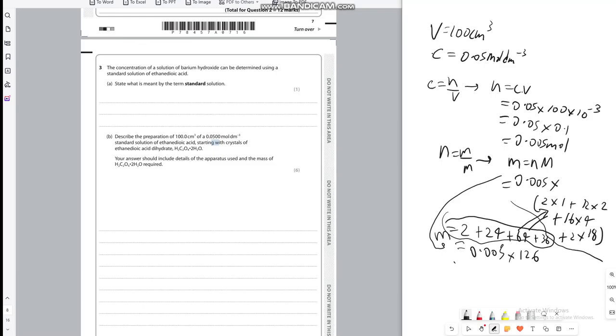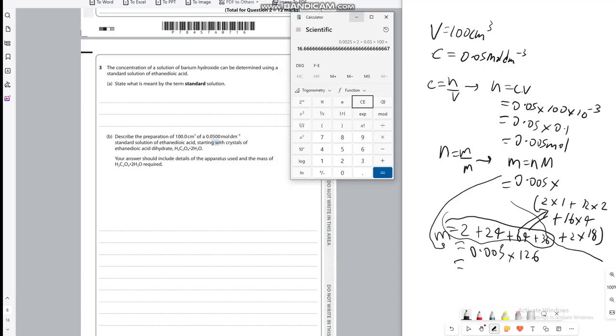So we'll enter it on the calculator and see what the answer is. 0.005 multiplied by 126, which I get as 0.63 grams of magnesium. So we did the calculation to find out how much is required.